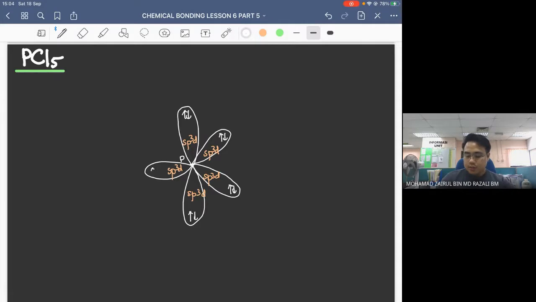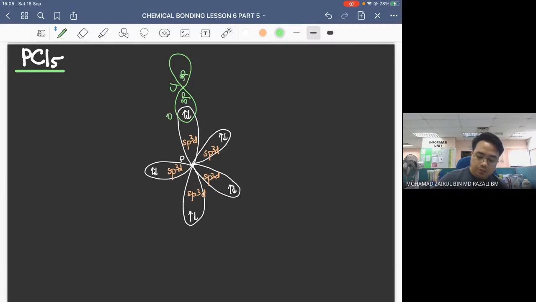We know that for the chlorine, the electron that we overlap with the phosphorus itu datang daripada 3p orbital, and the shape of the 3p orbital is dumbbell. So you need to draw a dumbbell shape that will overlap with the hybrid sp³d. So this is Cl. This is from the 3p orbital.